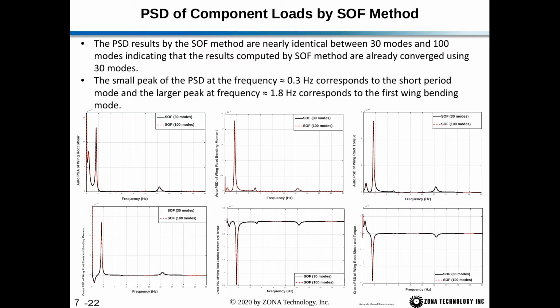Next, the small peak of the PSD at a frequency of about 0.3 hertz, which you can see right here, and here, corresponds to the short period mode, and the larger peak frequency at 1.8 hertz, which is here, and here, corresponds to the first wing bending mode. So if we look here at the cross PSD of the wing root bending and torque, you can see these are negatively correlated. If we look at wing root shear and wing root bending, you can see that they're positively correlated.